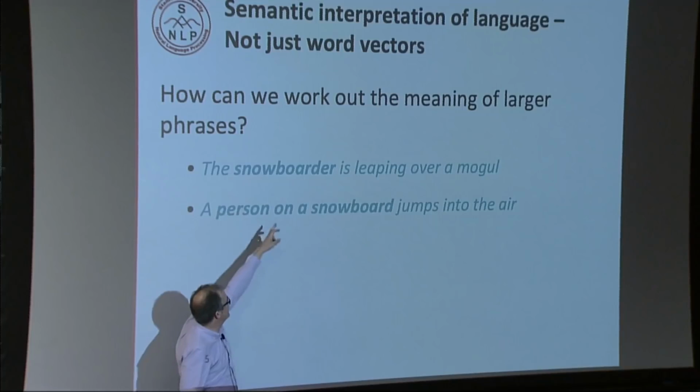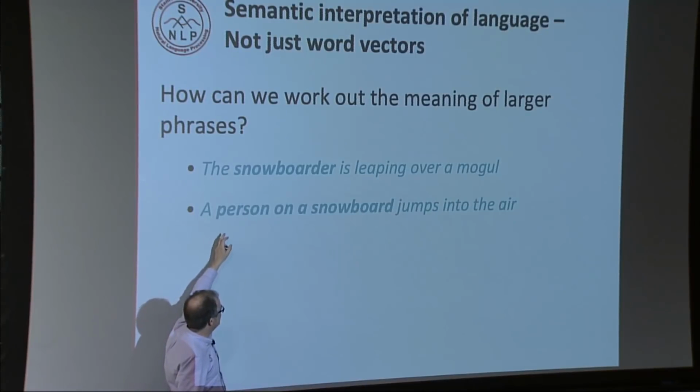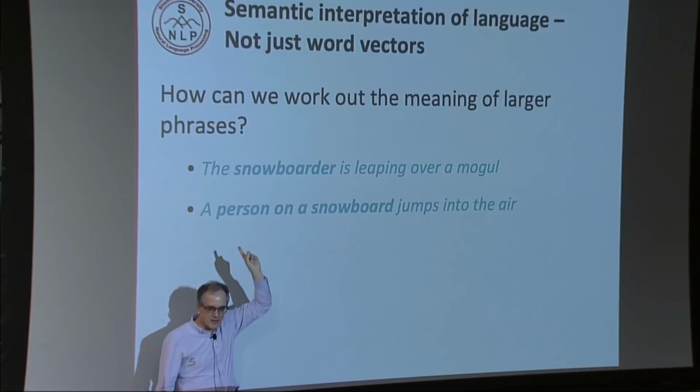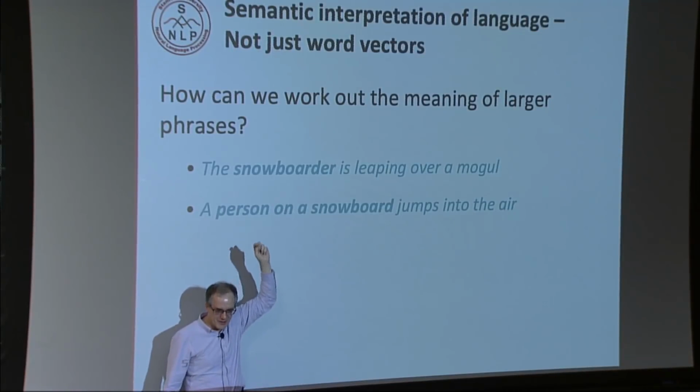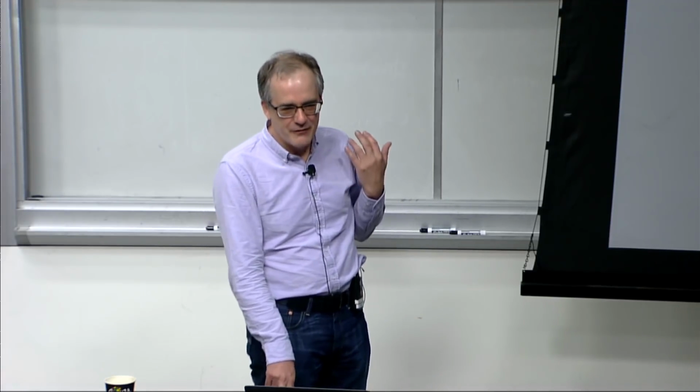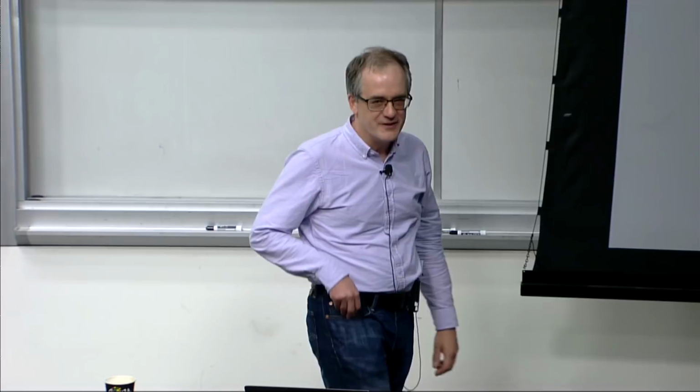So we'd like to say the snowboarder is pretty much semantically equivalent to a person on a snowboard, but the top one is 2 words long and the bottom one is 5 words long. If we're going to be able to do that, we somehow want these constituent chunks and to be able to work with and represent them in neural networks. That's the central idea that motivated the tree-structured neural networks that I'm about to show you.